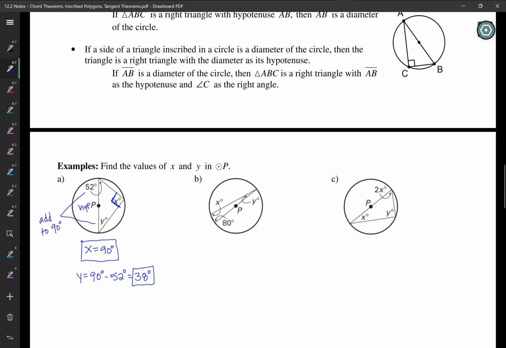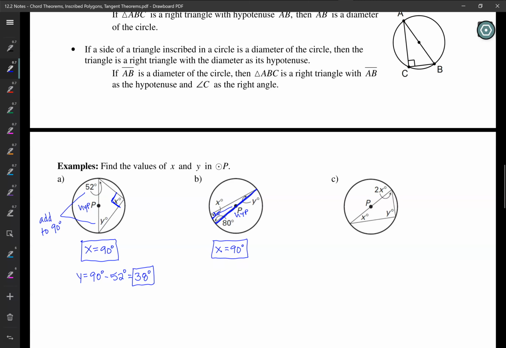All right, here's a really skinny triangle, and that makes it kind of hard to see where the right angle is. But if you look at this, that's the hypotenuse. So the angle across from the hypotenuse, right there, is the right angle. So x is 90 degrees.